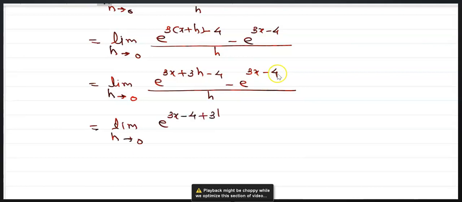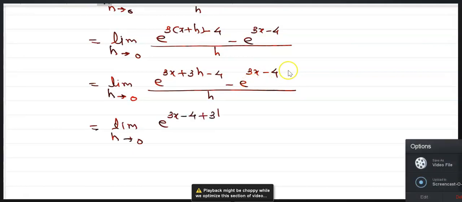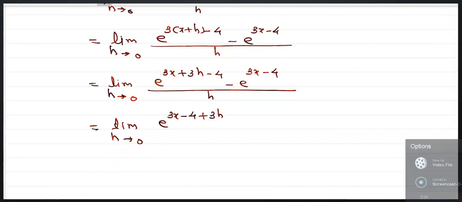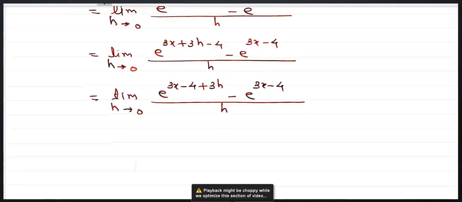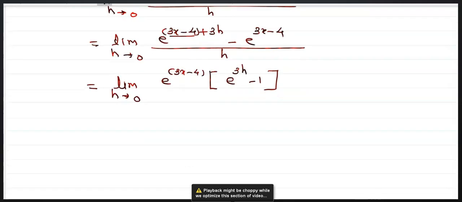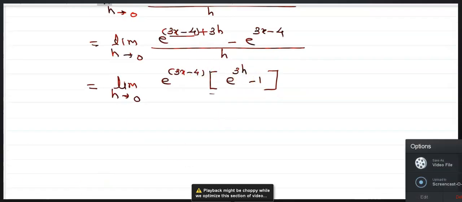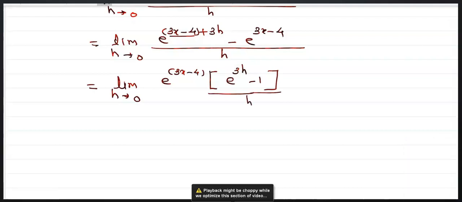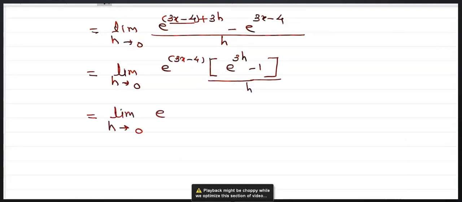Now we'll take e raised to 3x minus 4 as common. Limit h tends to 0, e raised to 3x minus 4 taken as common. Then in bracket you will get e raised to 3h minus 1 upon h. Now here we'll adjust the h, that is 3h.